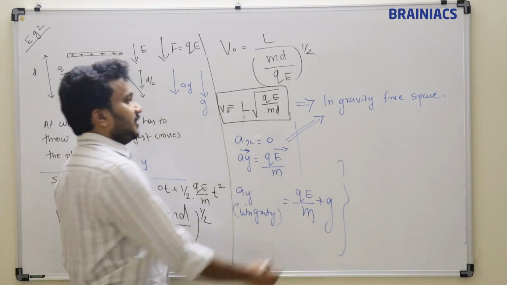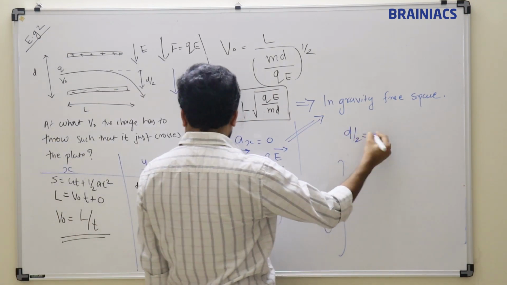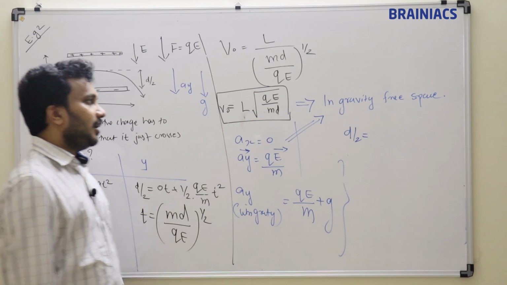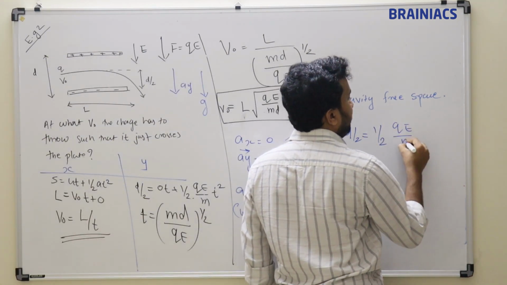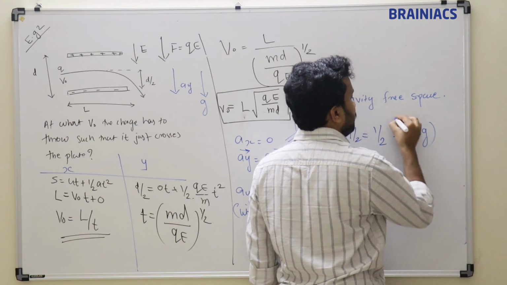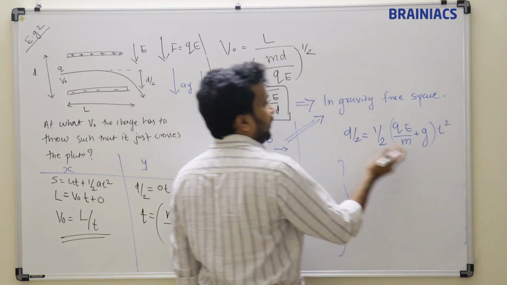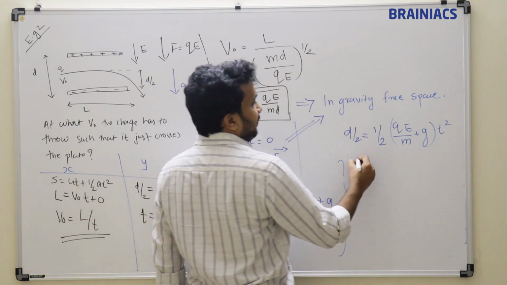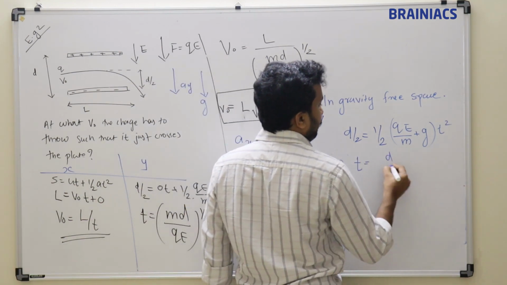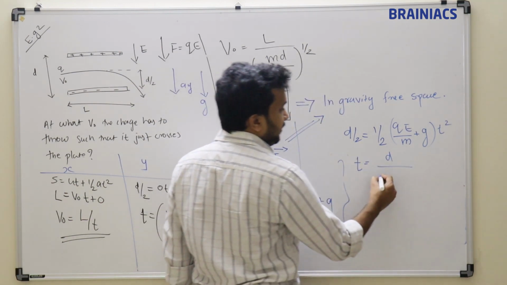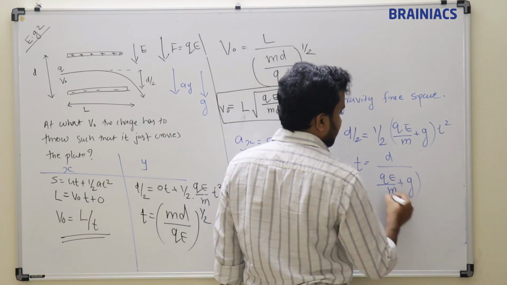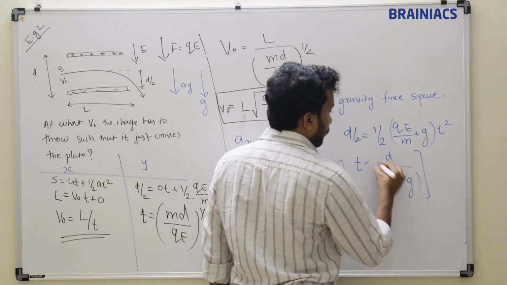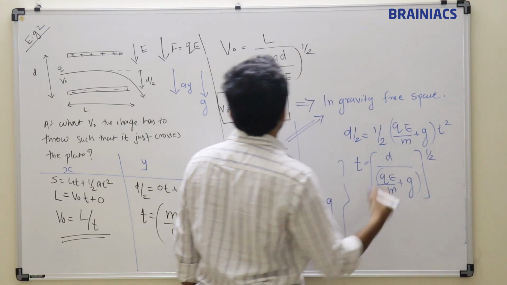We'll start from here. So what will you get? D by 2 will be equal to 0 plus half a T square. So half a T means half of QE by M plus g into T square. The 2 will get cancelled, sir. And we know T will be equal to the square root of D divided by (QE divided by M plus g), that is, to the power 1 by 2.